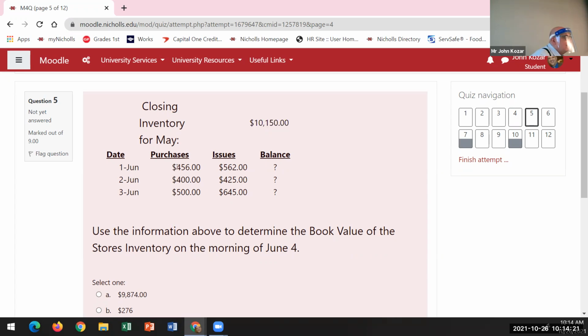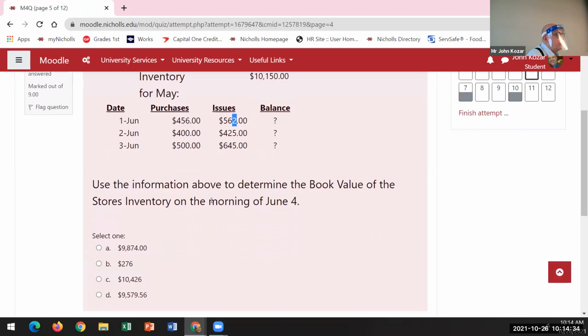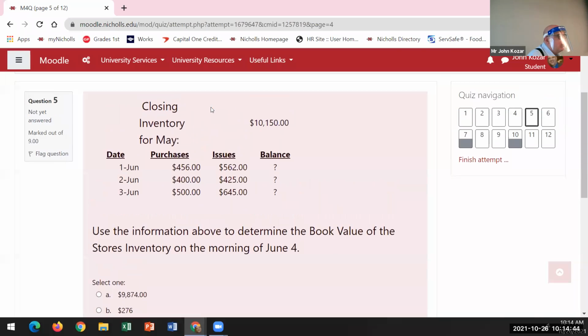We're adding our purchases, this first column, and we're subtracting the issues, because the issues is what goes from the storage area to the kitchen. So it looks like our issues are consistently higher than our purchases, so I would look for an answer that's lower than what we start with.